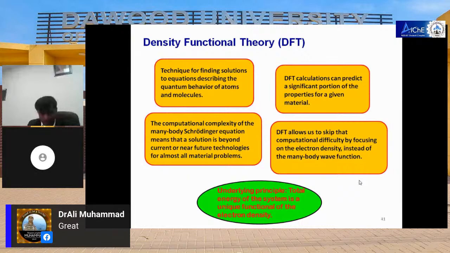The first step in applying the density functional theory approach is always to check whether this material is stable or not. We call it optimization. During optimization, we check if this material is synthesized in the laboratory, whether it can be formed or not.